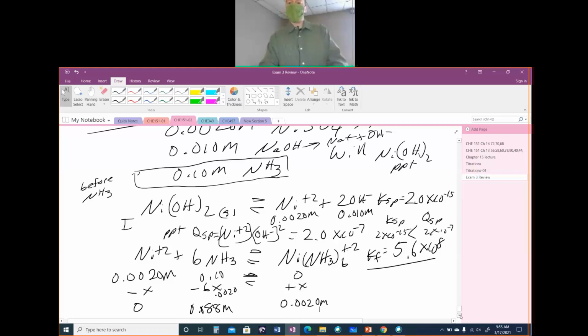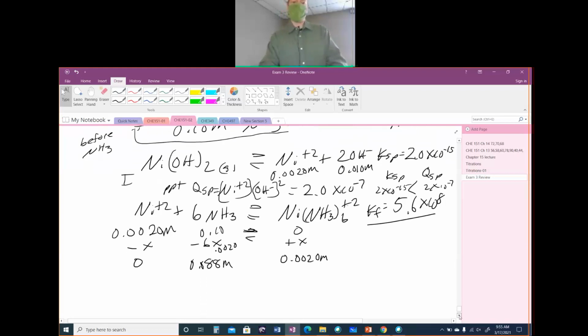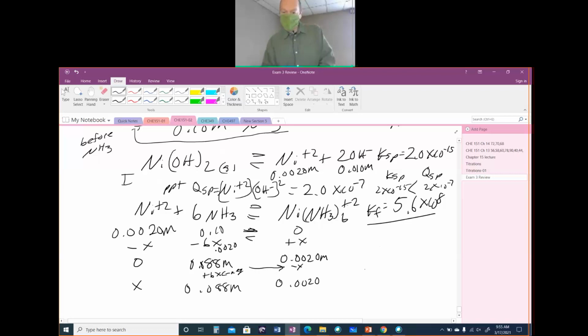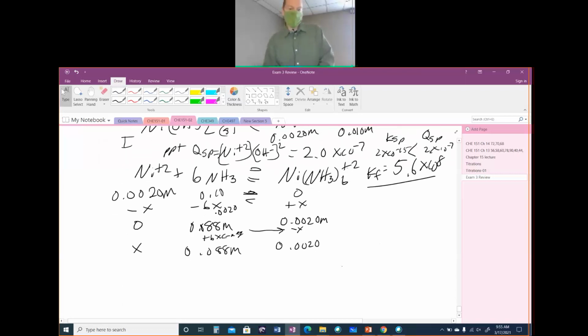All right, of course, you cannot have a 0 at equilibrium. Our nickel plus 2 is going to be small, but you're going to have the small amount going back, you neglect that. 0.088, 0.0020. All right, so you calculate your x value.